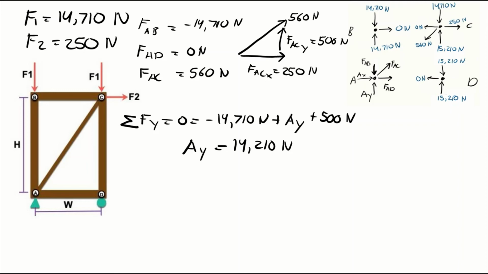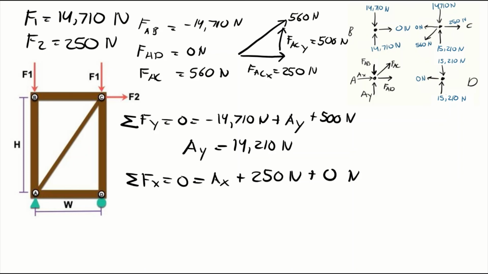Moving into summing forces in the X, sum of forces in the X equals 0, equals A sub X, which is the X force from the pinned support, plus 250 newtons, which is the X component of F sub AC, plus 0 newtons, which is force F sub AD.